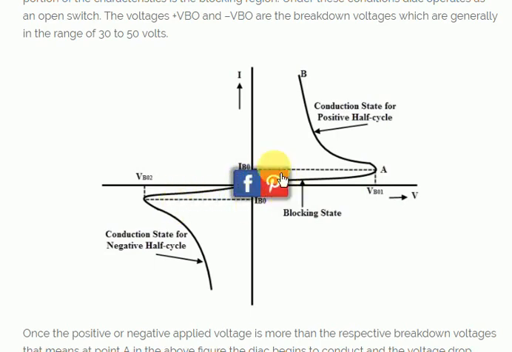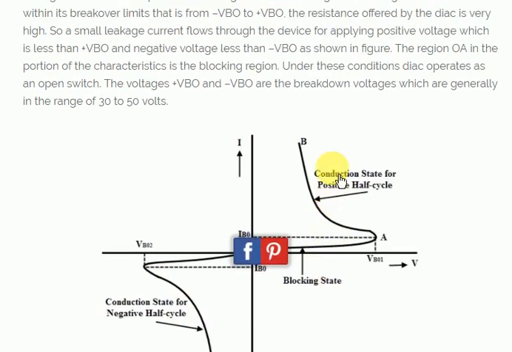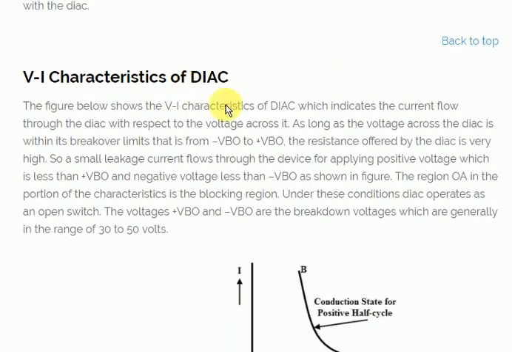Okay, no problem. A to B is the conduction state for the positive half cycle, and this is the negative half cycle for conduction. This is the leakage current.